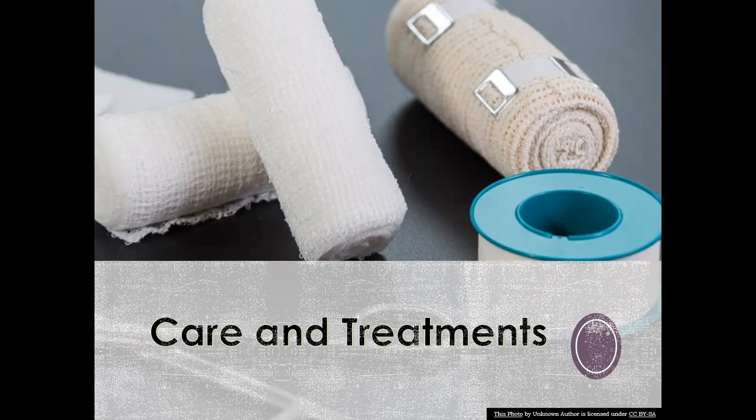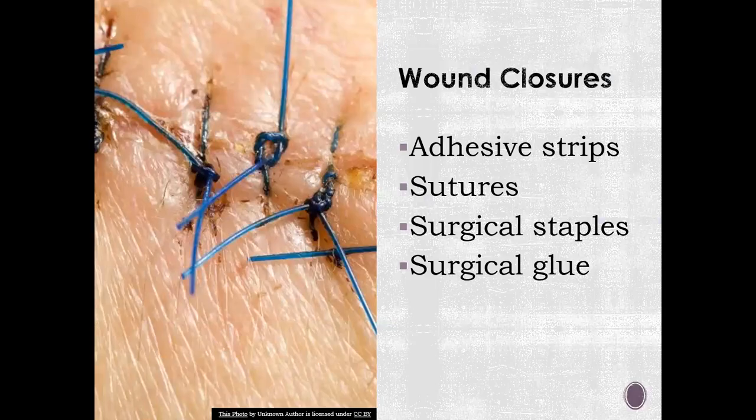Okay, this is going to be the continuation of your wound care, and we're going to be going into care and treatments for wounds. So we have adhesive strips, which is one type of closure device. These are used on your closed superficial low tension wounds like skin tears or lacerations.